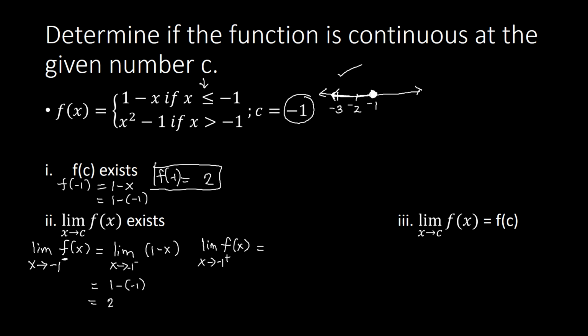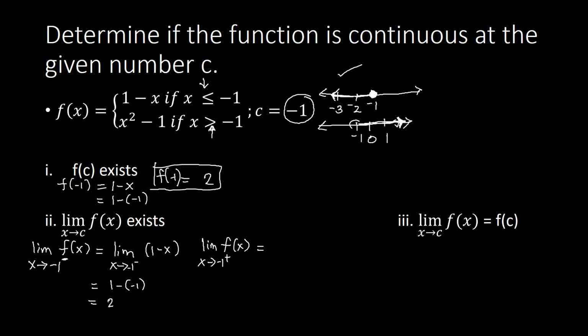Our first function is a no-no because its values are coming from the left side of negative 1. Checking the domain of the second function, the symbol is pointing to the right, which means the values to the right of negative 1, like 0 and 1, are part of the domain.